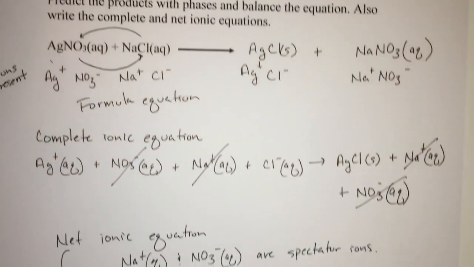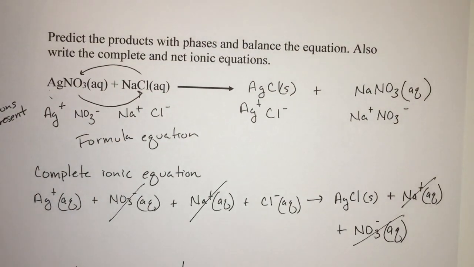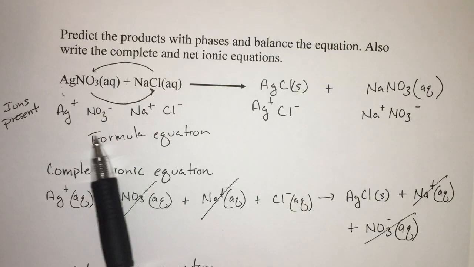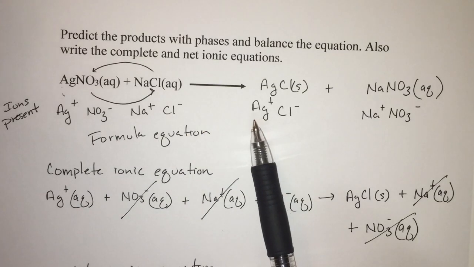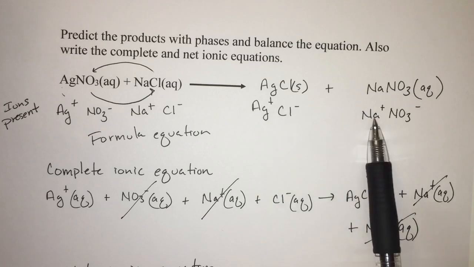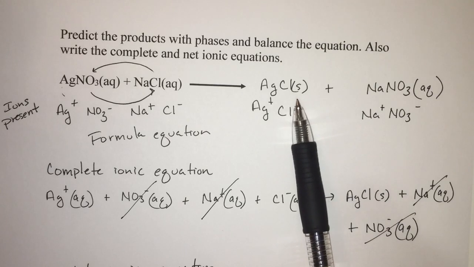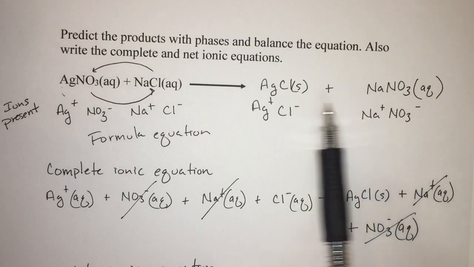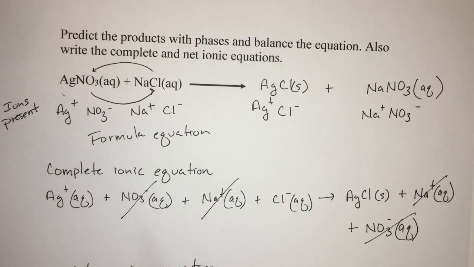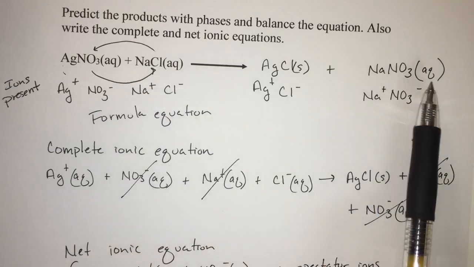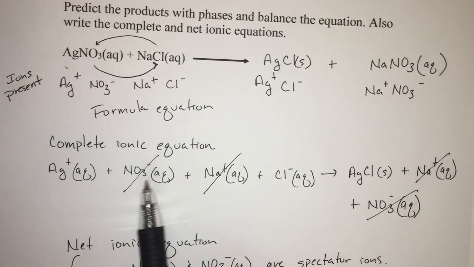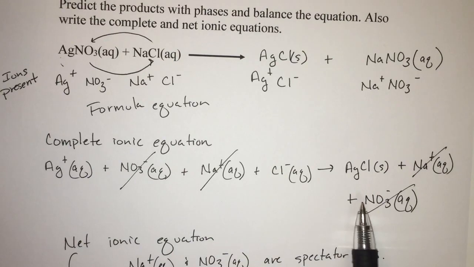So quick recap. We identified the ions present so that we can do this double displacement reaction and write the products. We use the solubility rules to include the phases, and we balance the equation. That's called the formula equation. By identifying those species that were aqueous to begin with, we wrote the complete ionic equation.